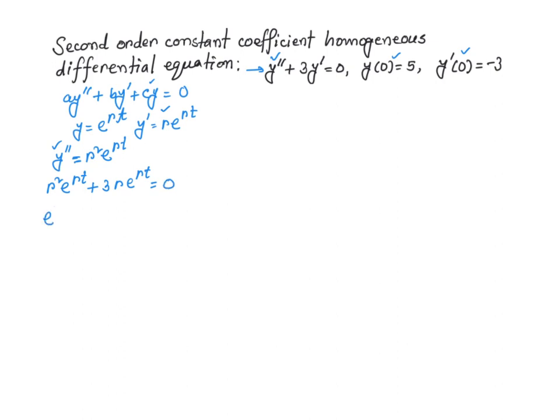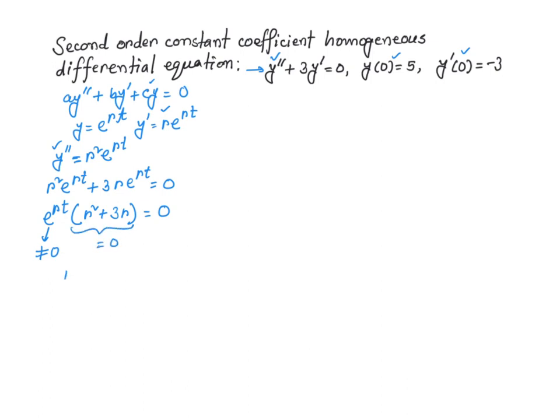I could factor out e to the power rt times r squared plus 3r is equal to 0. Obviously, e to the power rt is not going to be equal to 0, right? Then it must be the case that r squared plus 3r is equal to 0.